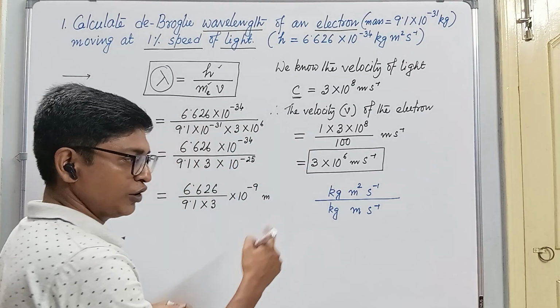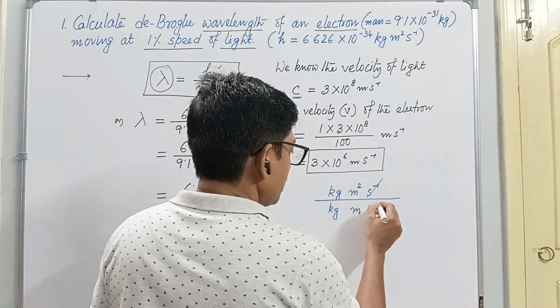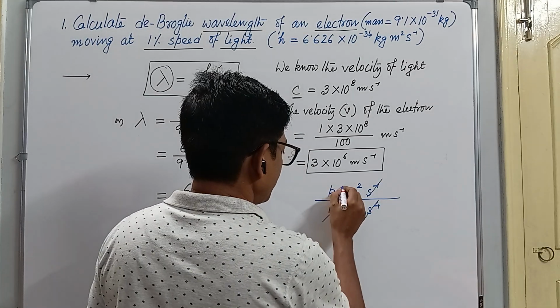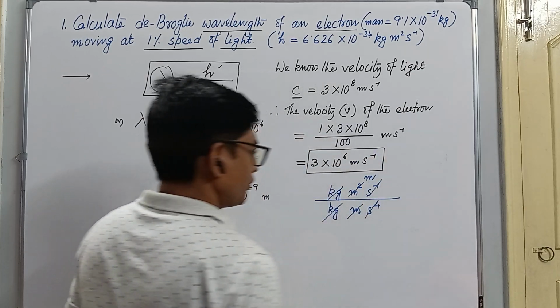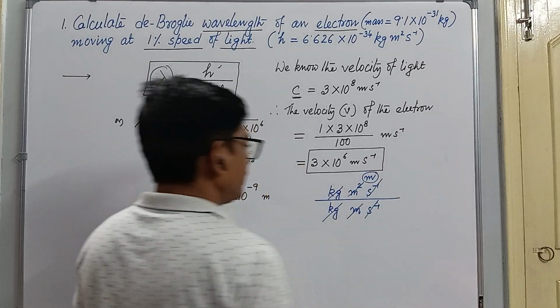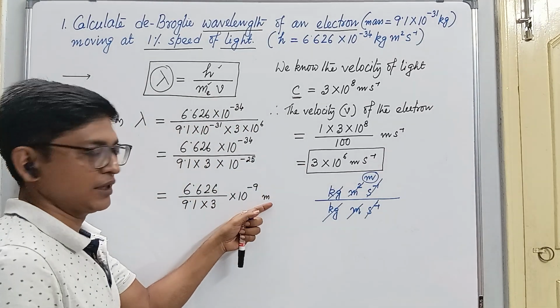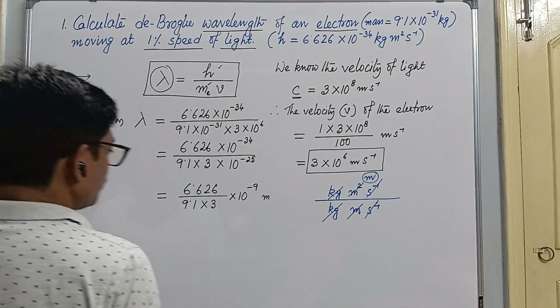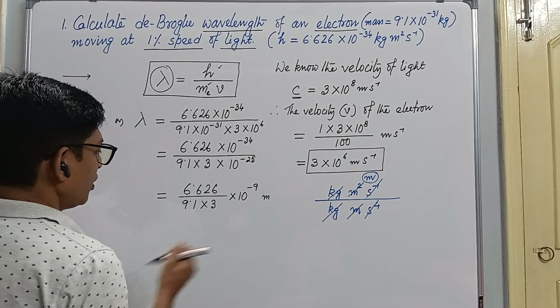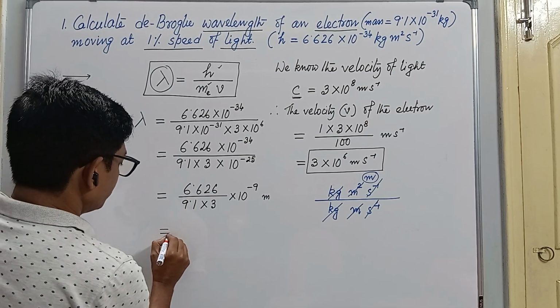So I am cancelling out the common units, and what remains is meter. You can see how we are getting the unit in meter. That is what I have mentioned here. Now the rest is very simple. We need to multiply this and we will get that value.